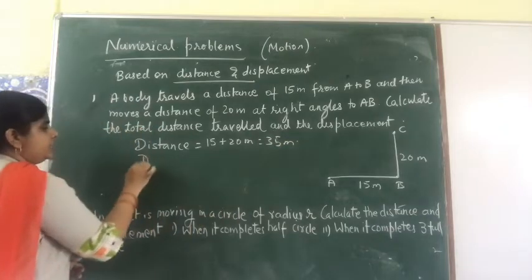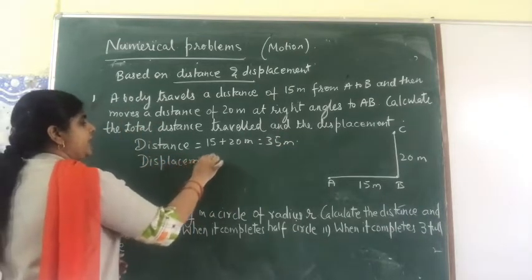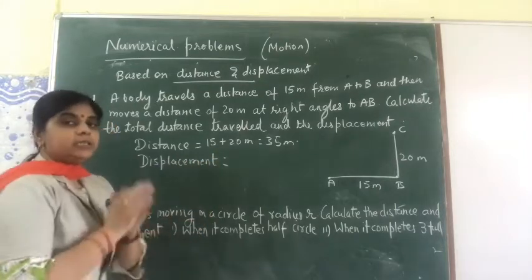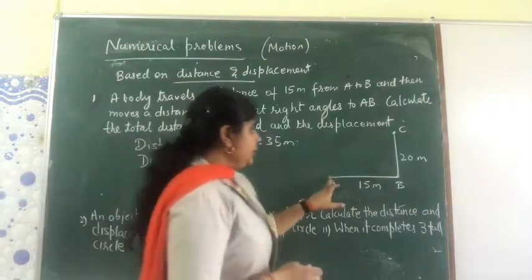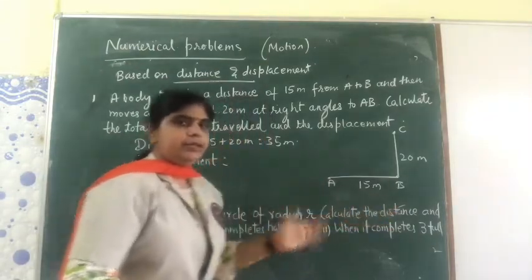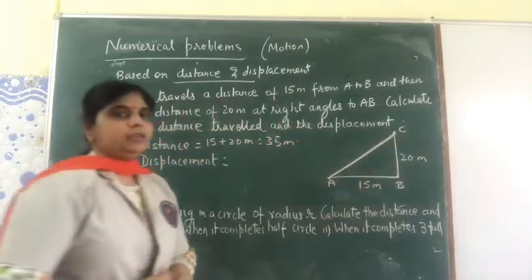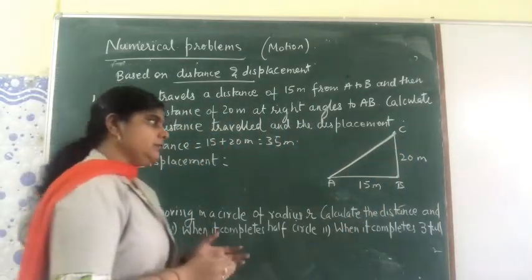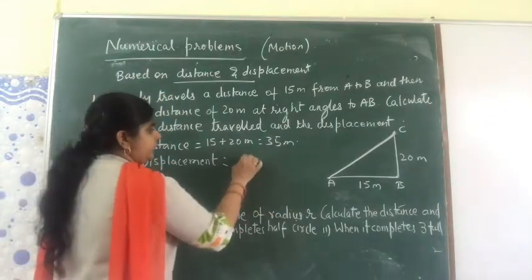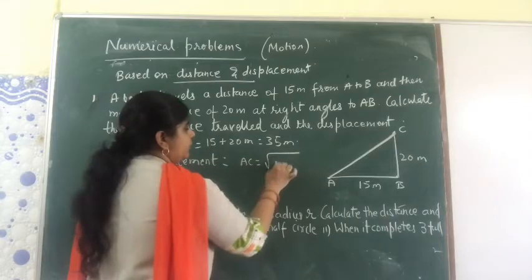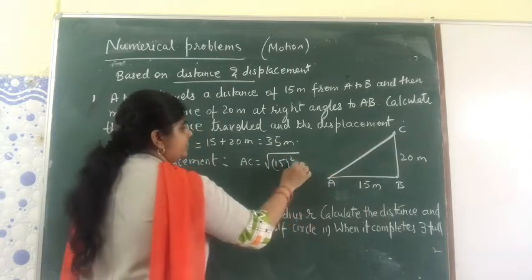And what about displacement? We know that displacement is actually the shortest distance between any two points. When you are talking about a right angle, the shortest distance will be the hypotenuse, right? So how should I find AC? You know Pythagoras theorem, right? AC is simply under root of AB square plus BC square.